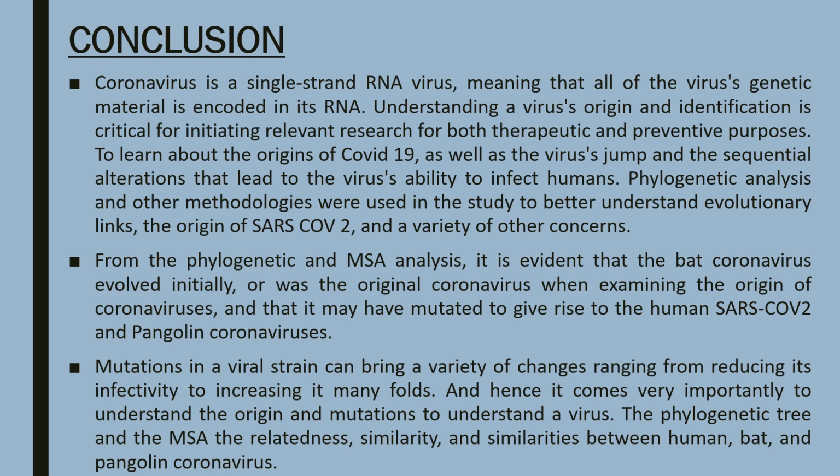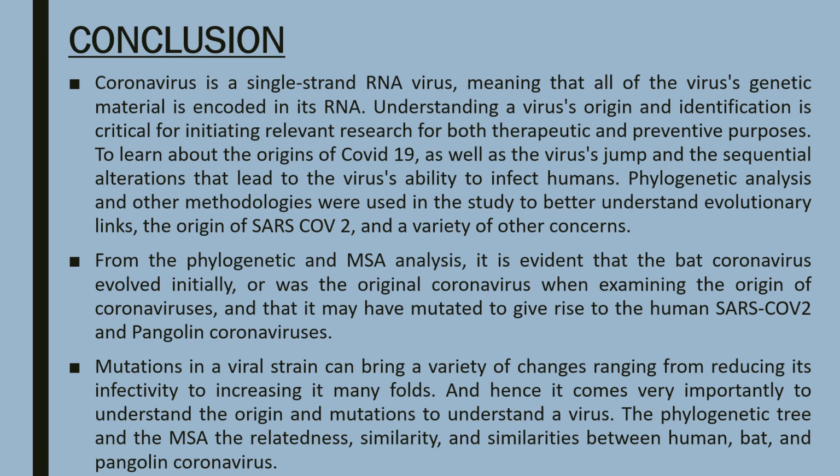The bat coronavirus, in comparison to that of SARS-CoV-2 and pangolin coronavirus, has more mutations. This shows the organism that might have been responsible for the virus spreading to human beings and causing a pandemic. These results were used to conclude that human SARS-CoV-2 and others have more similarities with pangolin coronavirus than with bat coronavirus.